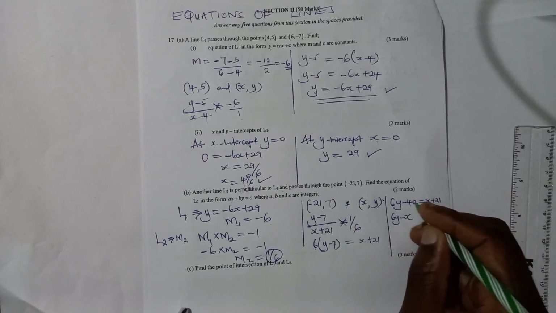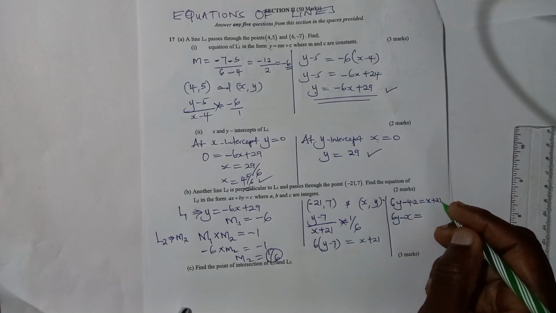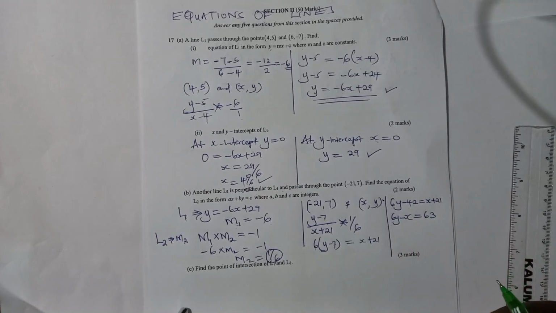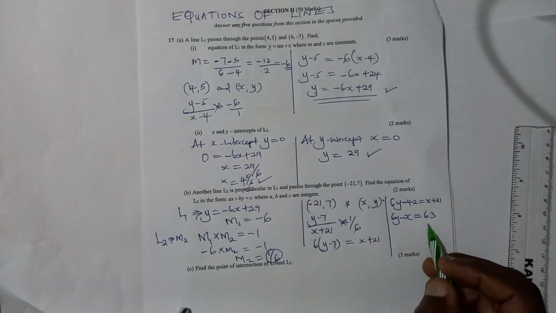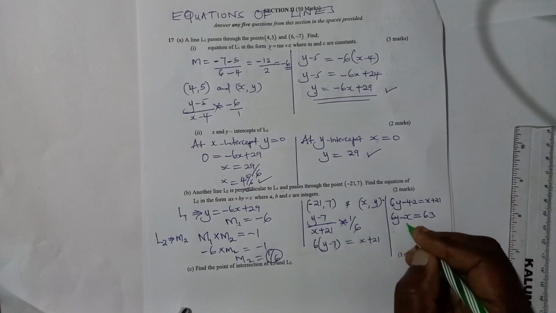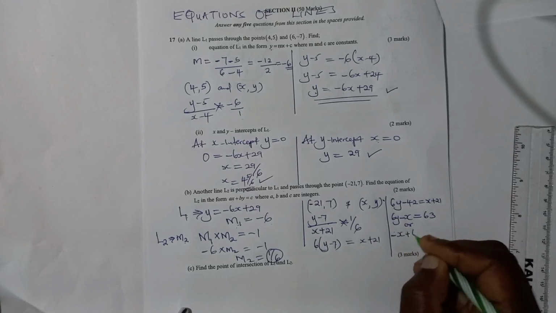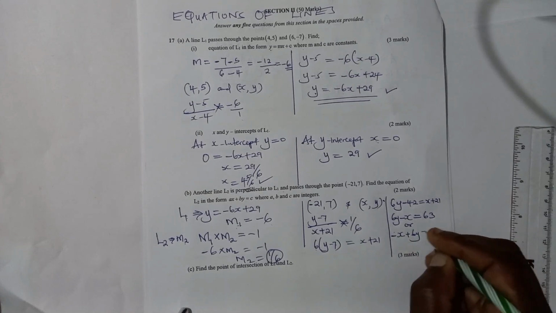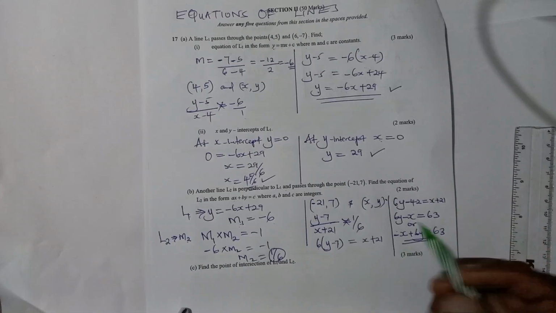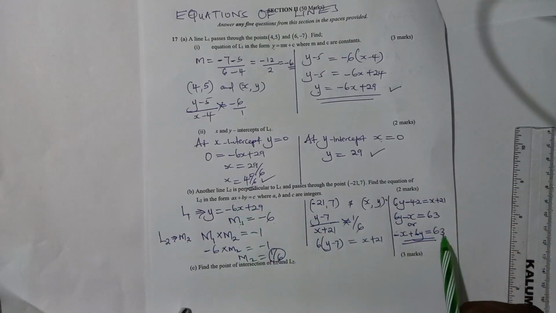Then I take -42 to the right hand side. This will be 42 plus 21, which will be 63. So you can simply write it as -x plus 6y is equal to 63. You can leave it in this form, ax plus by is equal to the constant, which should be alone on the right hand side.